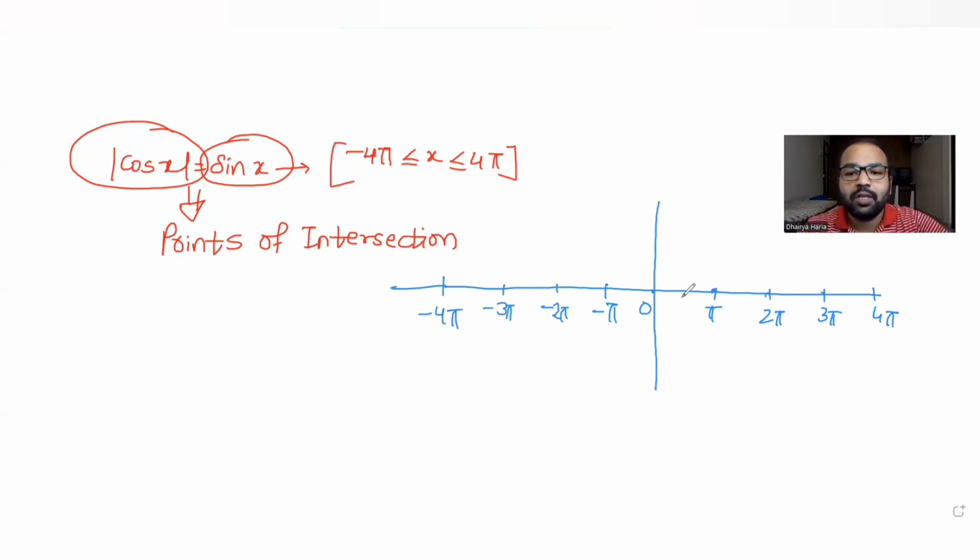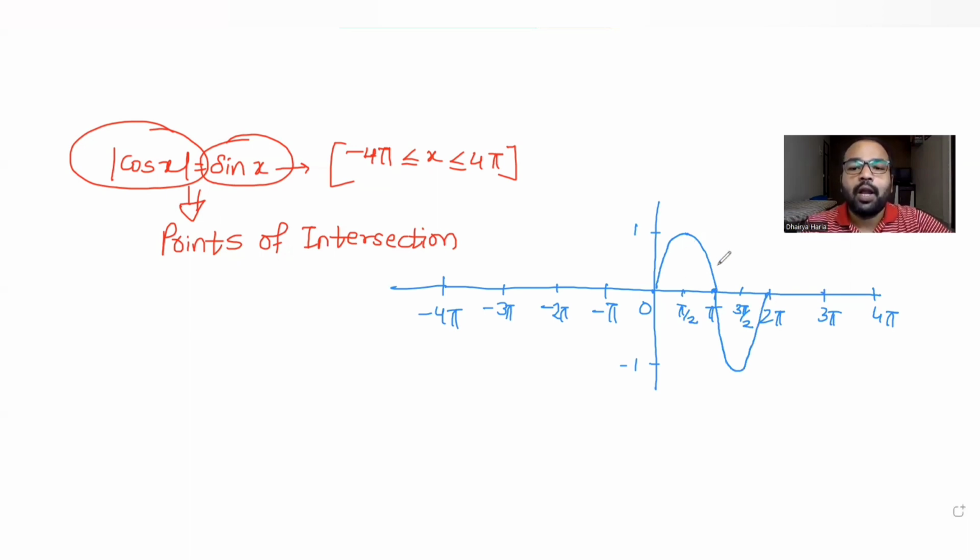But sine of pi by 2 is maximum, that is 1. Let's say this is 1 and this is minus 1. So your curve goes from 0 to 1 and then back to 0. Again, at the angle 3 pi by 2, the value of sine goes from 0 to minus 1.